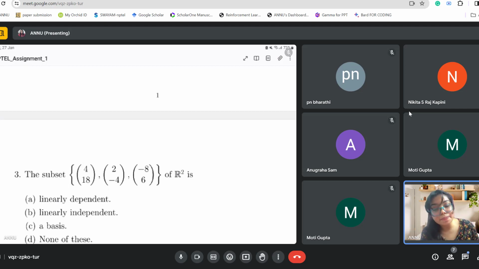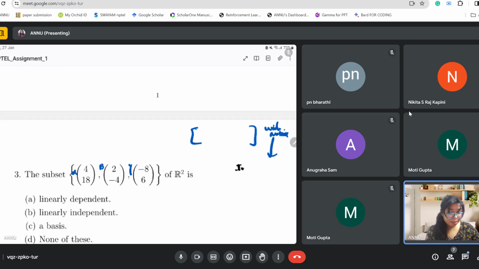The answer is very simple. Here you will have two values in the column and three values in the row. If you solve 4 alpha plus 2 alpha beta, I'll tell you, this is a wide matrix. A wide matrix always has infinitely many solutions.